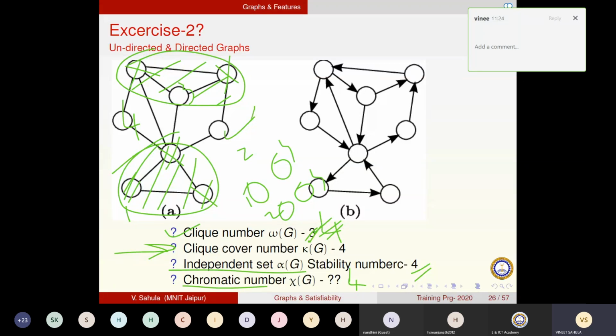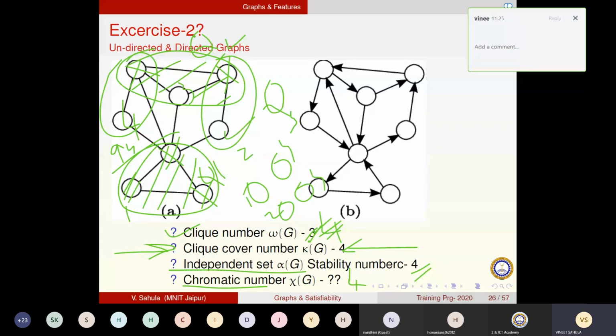So this will be the next clique, size 2. Next clique, size 2. How many cliques have I identified now? The lower one is clique 1, Q1. The upper side is clique 2, Q2. Size 2, Q3. And size 2, Q4. So I have 4 cliques so that the whole graph is covered. So the clique cover number is 4.